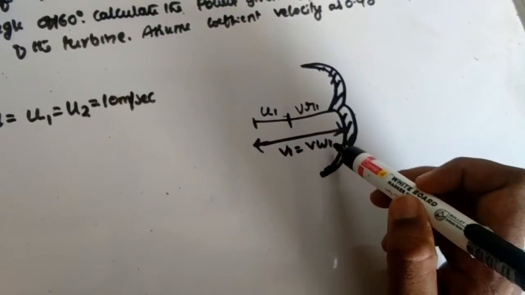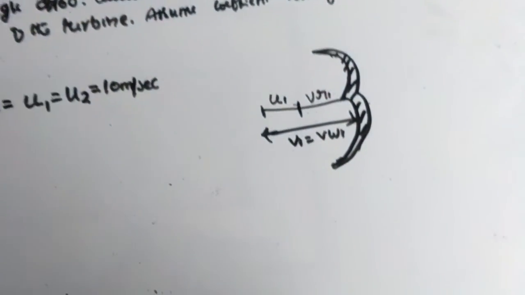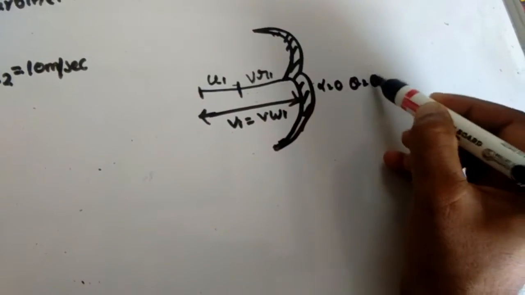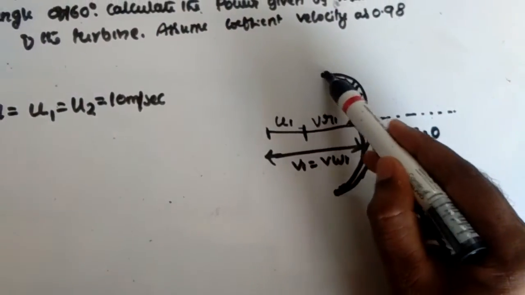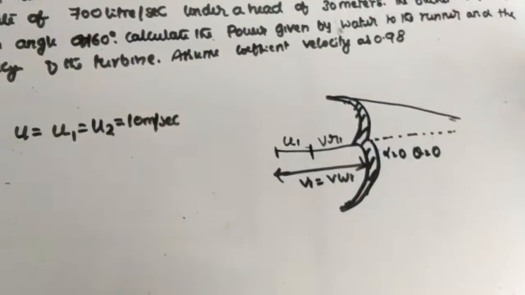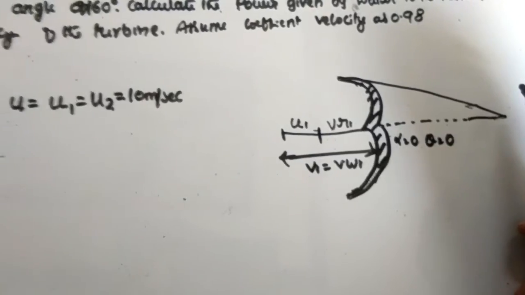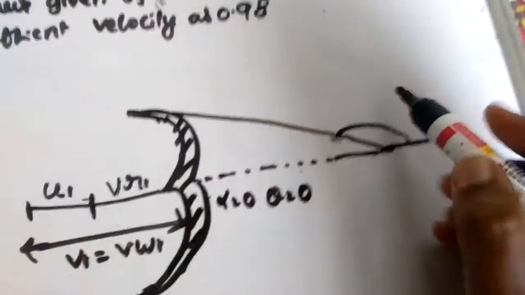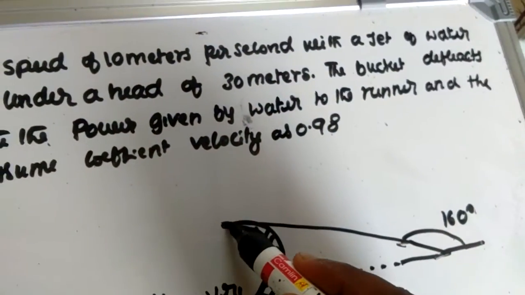There are no components here because it strikes directly, so alpha is equal to 0 and theta is equal to 0 in this direction. It just strikes and deflects through an angle. The bucket deflects 160 degree, so you write that it deflects 160 degree angle.